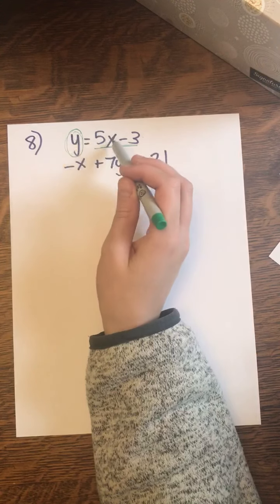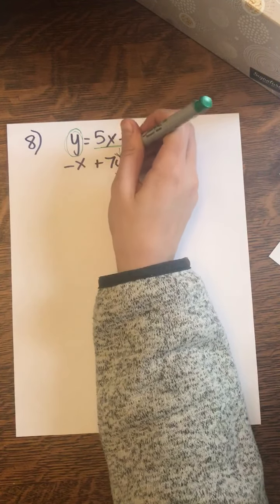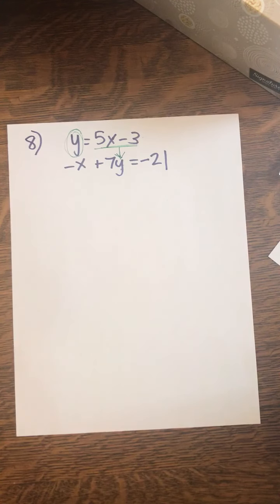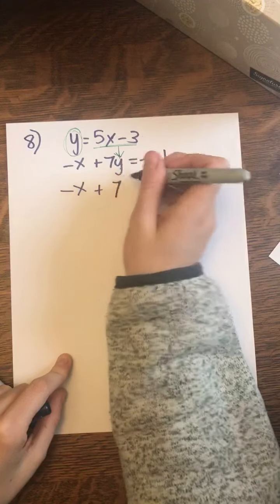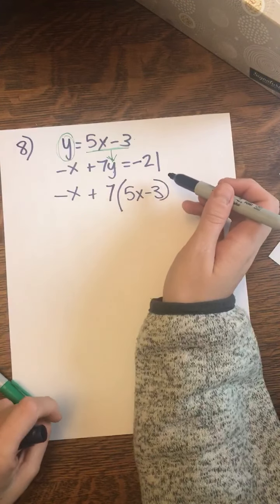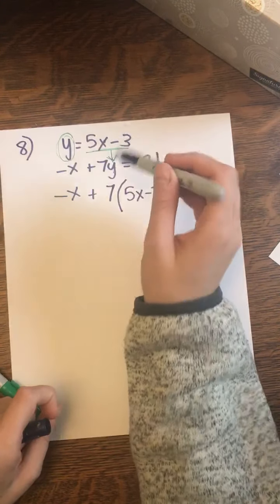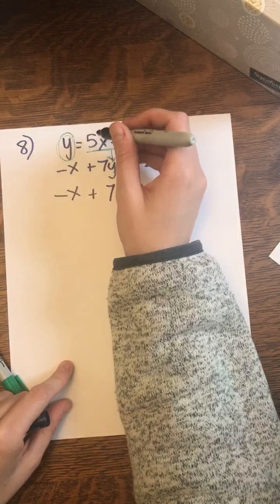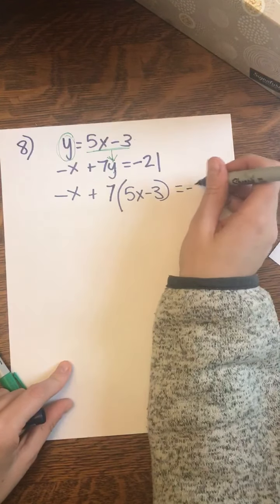So I can substitute 5x minus 3 for y. So I'm going to rewrite this equation. Negative x plus 7 times 5x minus 3, which is the same thing as 7y because y equals 5x minus 3. I was able to substitute the 5x minus 3 in for y, equals negative 21.